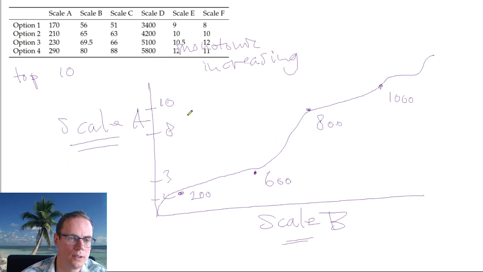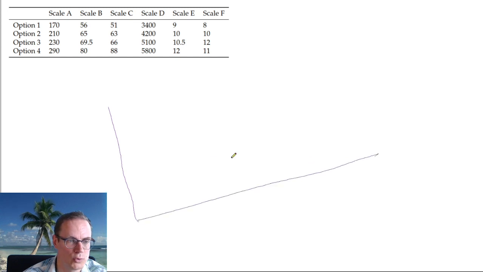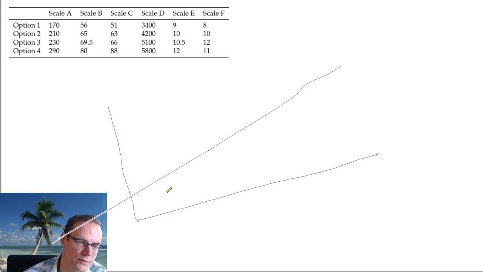And then the order is preserved, but nothing beyond that. The size of the intervals is not preserved, going from scale A to scale B and vice versa. The order is preserved, but nothing beyond that. Now then, there are more informative rankings where we also want to preserve the size of the gaps.